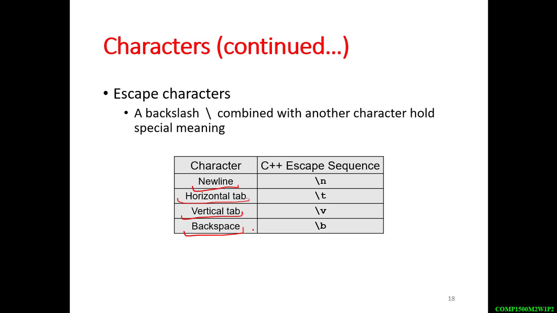So if I say cout, and then between quotations I write \n, this is C++ class, quotations, semicolon.